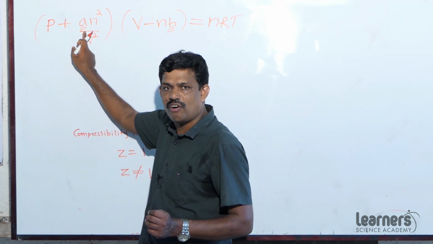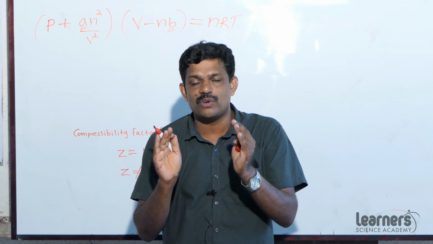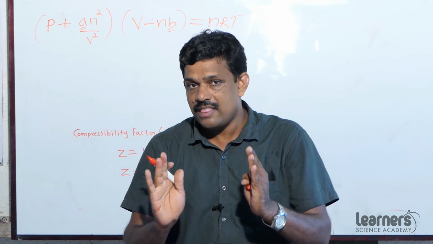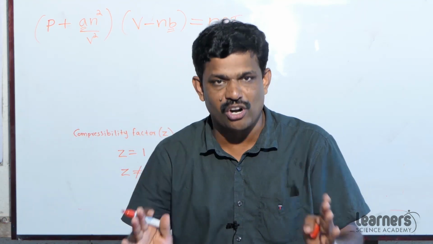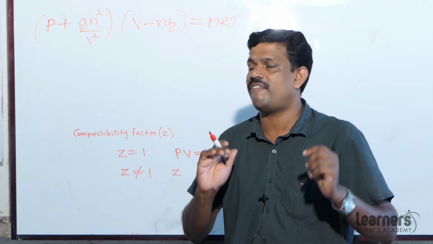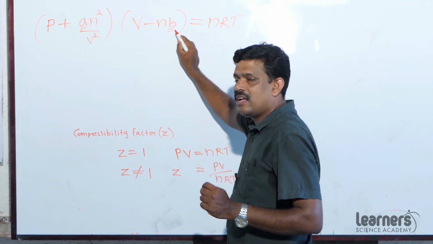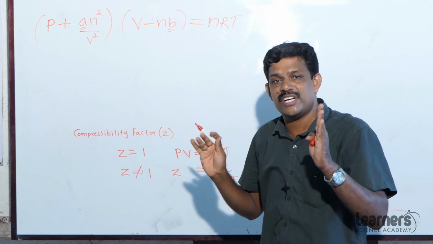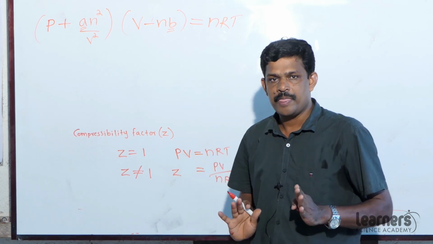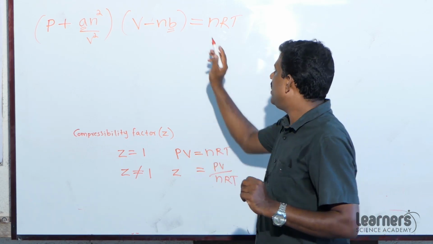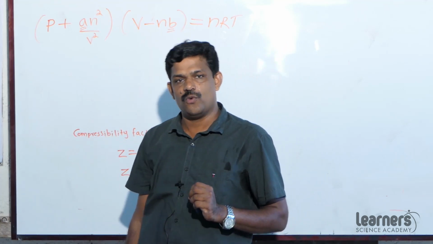a, the van der Waals constant, is a measure of intermolecular force of attraction, and b, the van der Waals constant, is a measure of molecular volume.